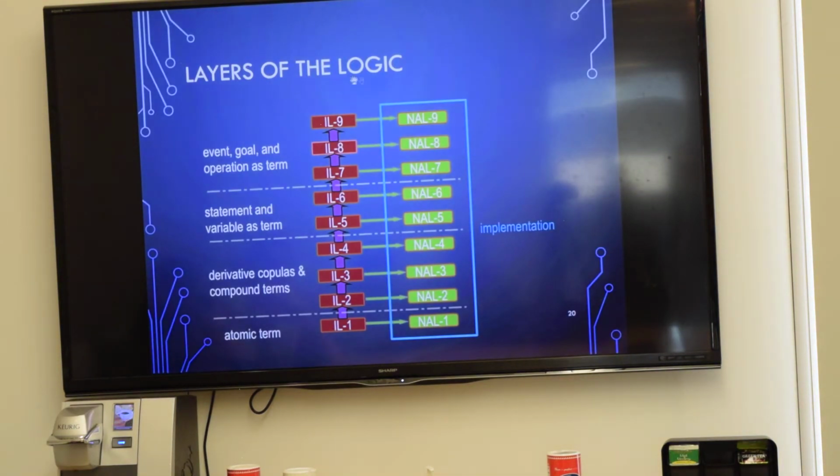And the whole system, of course, is much more complicated than the picture I just gave you. What I gave you, roughly speaking, is what we call layer 1, because the system is built layer by layer. In each layer, we extend the logic. We put more complicated grammar rules into it, so it can express more complicated things, and we put more inference rules into it.